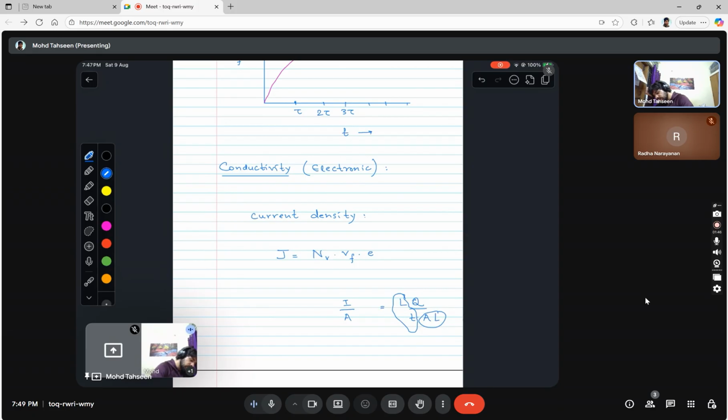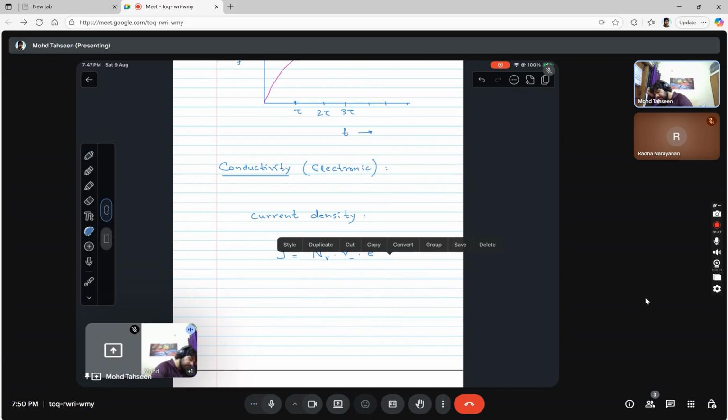So Q by AL is a charge concentration per meter cube, and L by T is velocity. Now Q itself can be written as N times E, if N is the number of particles and E is the charge on each particle. And this quantity is NE, which is here, this quantity is velocity, which is here. So that's why current density is written like this.